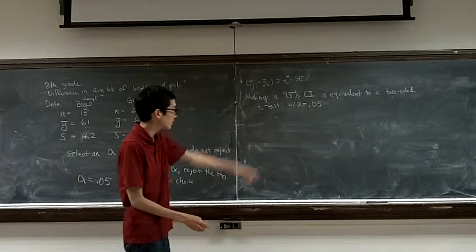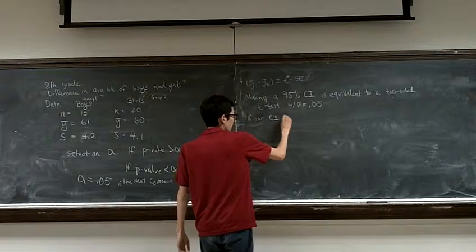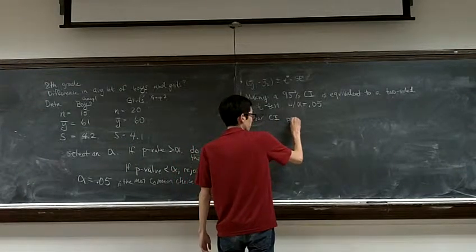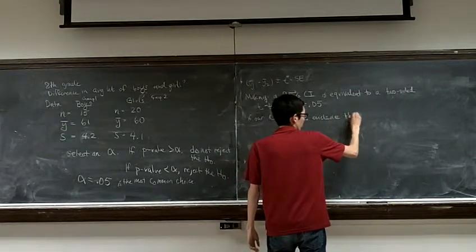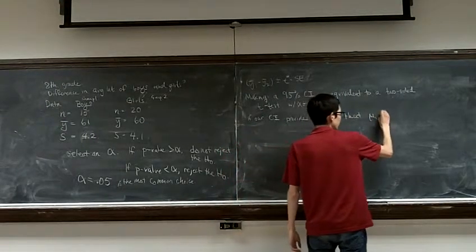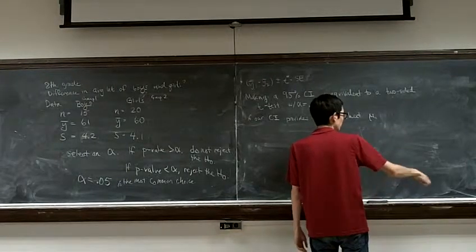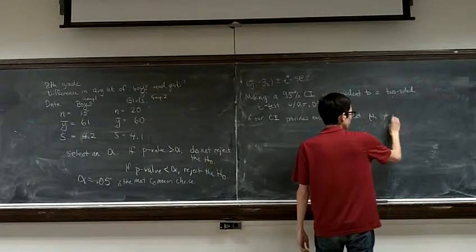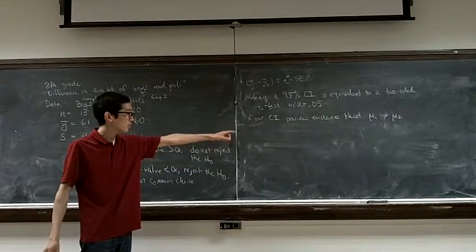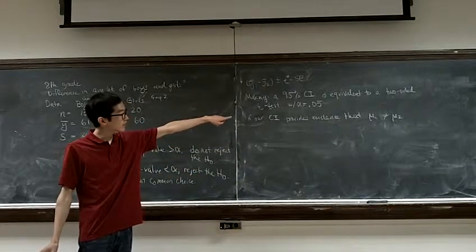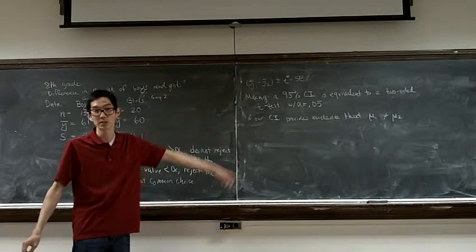So let's say we made a confidence interval. If our confidence interval provides evidence that mu1 doesn't equal mu2, then a t-test with alpha equal to 0.05 would come to the same conclusion.